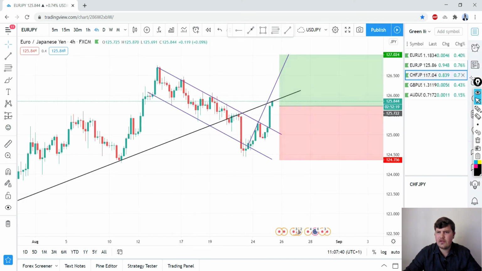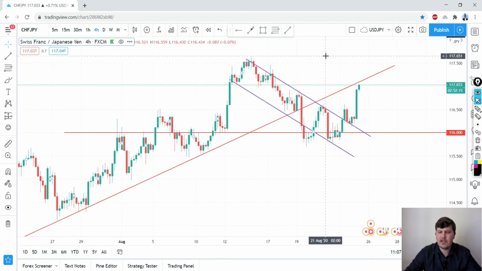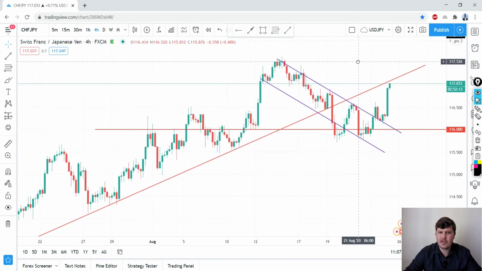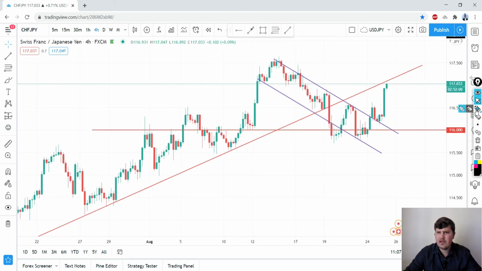If we go to the Swiss JPY, this is similar to the EURJPY. It's also below this upward trend line, and as you can see, price just bounced off this 116 psychological level and is also trading in this bull flag at the moment.